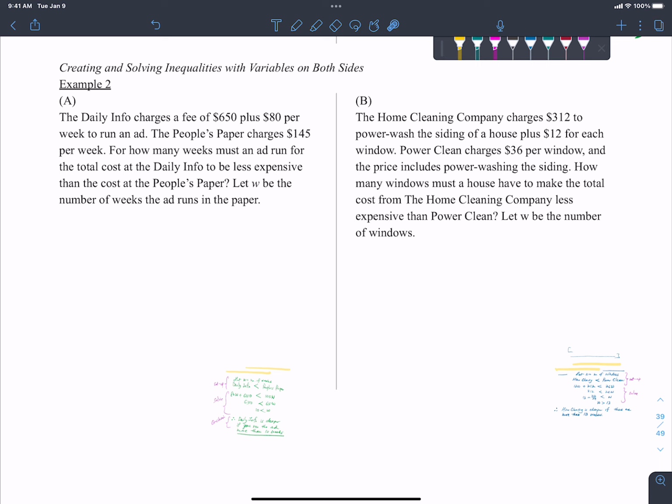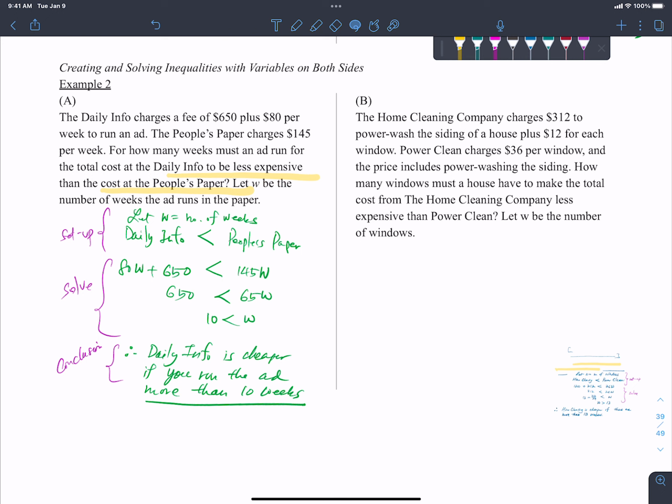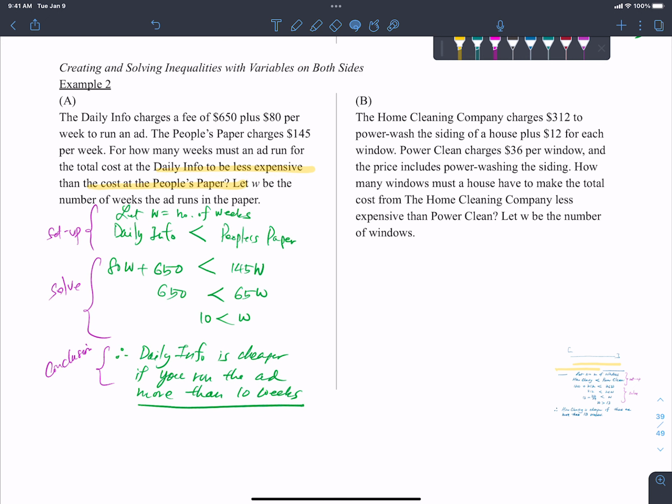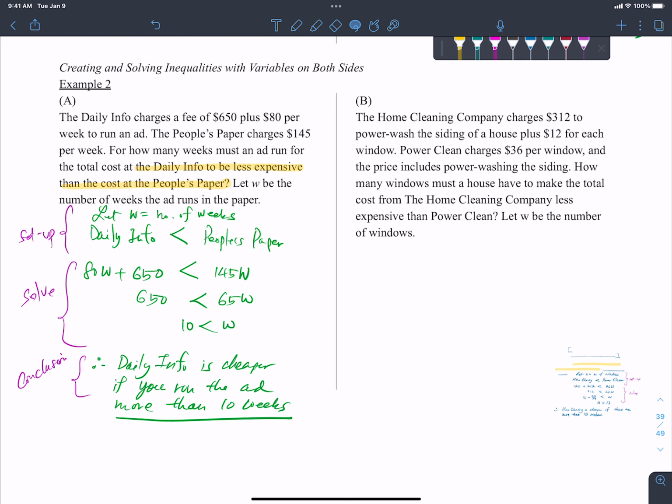Okay, we're back. So the most relevant word that we have is the case right there. The Daily Info needs to be less than the cost of the People's Paper. So there are 2 papers, right?